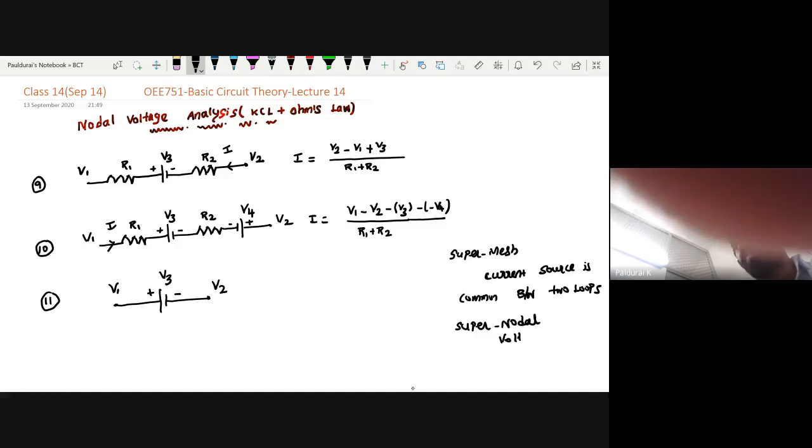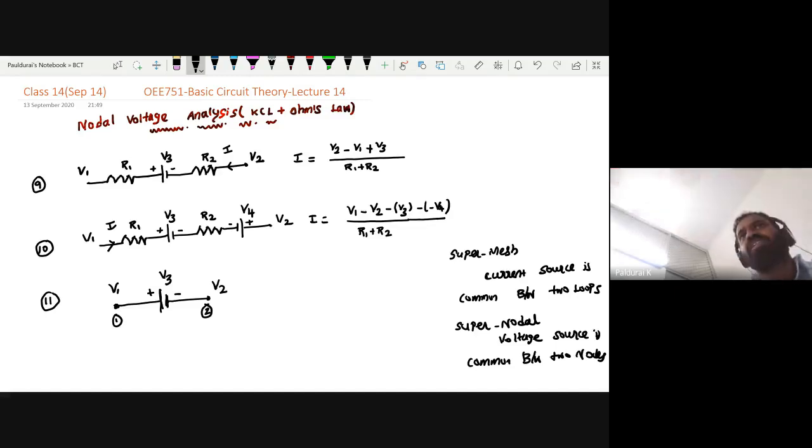If a voltage source is common between two nodes, like here, voltage source V3 is common between node 1 and 2. This is my node 1 and this is my node 2. So this time we want to apply super nodal.